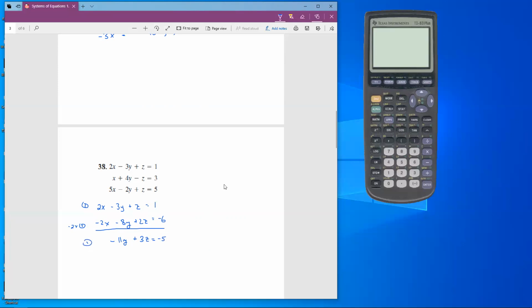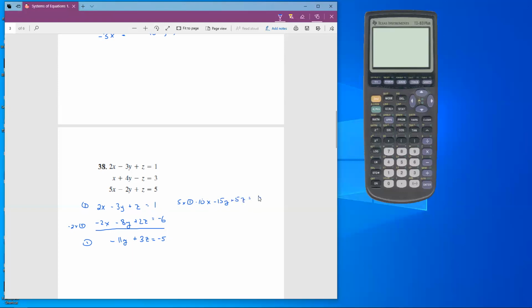All right, let's go ahead and let's multiply 5 times equation 1. Okay, and that's going to give us, I want to do 5. Yeah, let's do 5 times equation 1. So let's go ahead and it's going to give us 10x. Okay, 5 times negative 3 is minus 15y plus 5z.